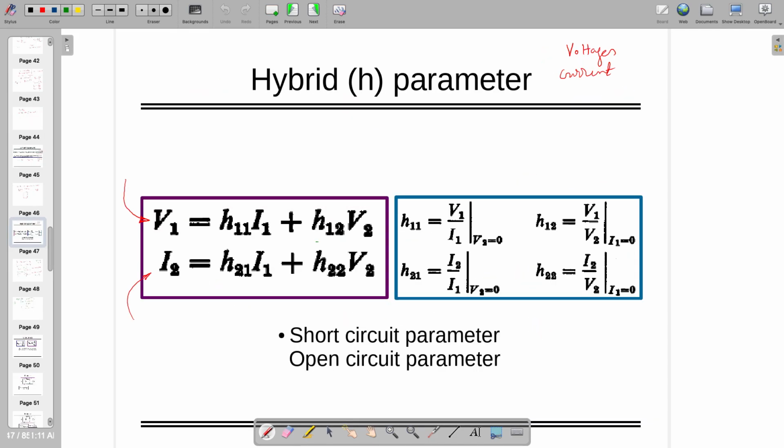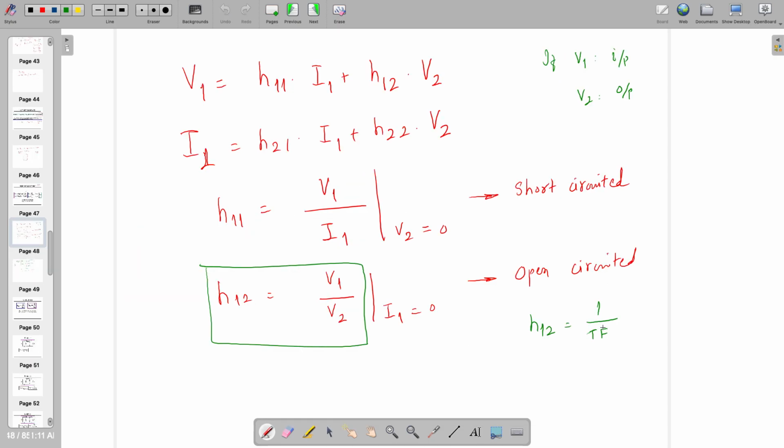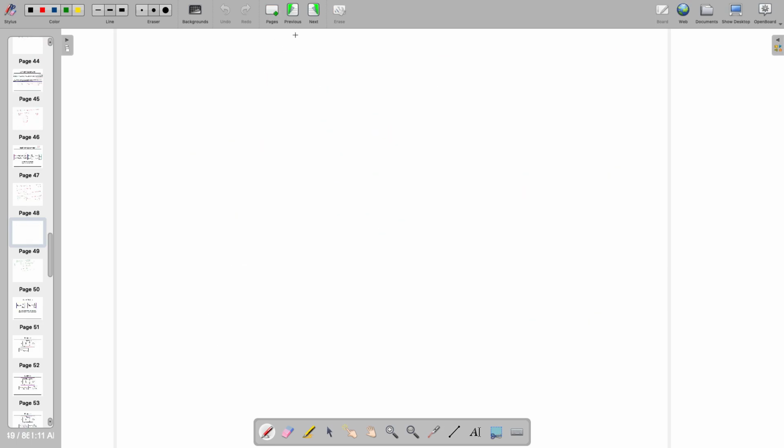So H12 is giving me a transfer function, which is 1 by transfer function, and that was the reason why in earlier times the H parameter was very popular, and people were only using the H parameter for analyzing any circuit, because it was giving me the transfer function. It also gives the transfer function in terms of voltages, and in terms of current also.